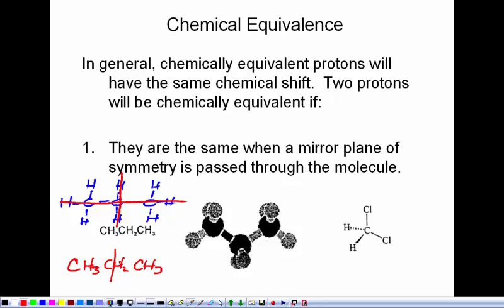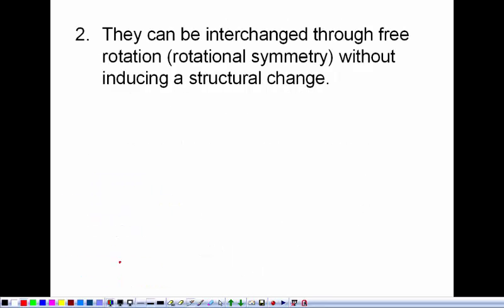So we can use mirror planes to determine which hydrogens are equivalent. If they can be related by a mirror plane, they are chemically equivalent, which means that they will show up at exactly the same chemical shift. And therefore, there will be a single peak that corresponds to that group of hydrogens.